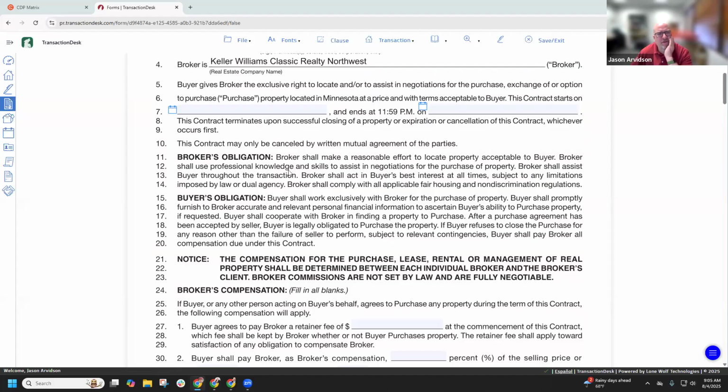In the other sections, you kind of have to explain it more because it gets into a little bit more legalese, but these ones pretty clearly are intended to be communicated as is to the client. And that's why they put them in bold. So the fact that this has changed is once again set to be clear that commissions are fully negotiable.